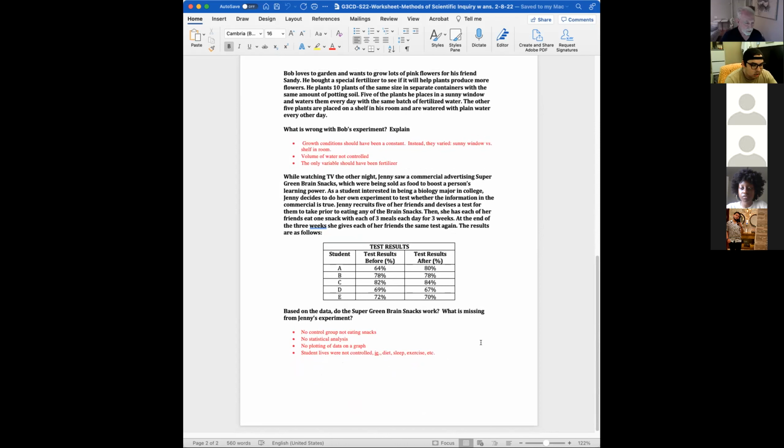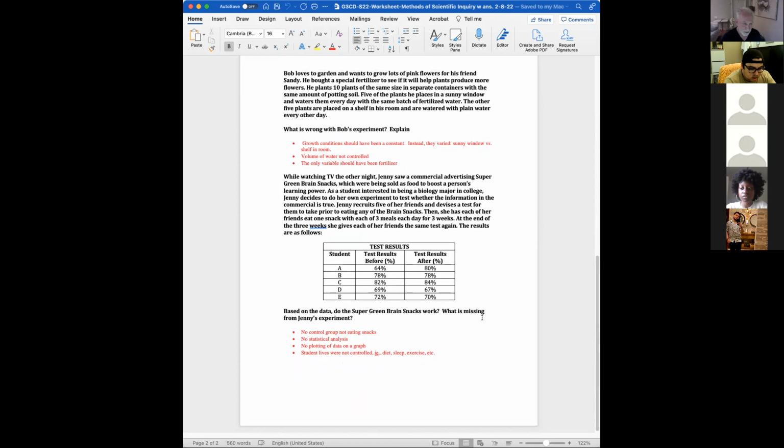Then Jenny and her snacks. So most of you pointed out that Jenny had no control group not eating snacks. So that is a big deficiency. Secondly, no statistical analysis. So how can we know what's different from what?